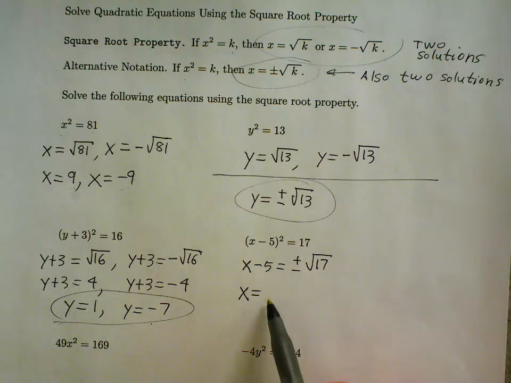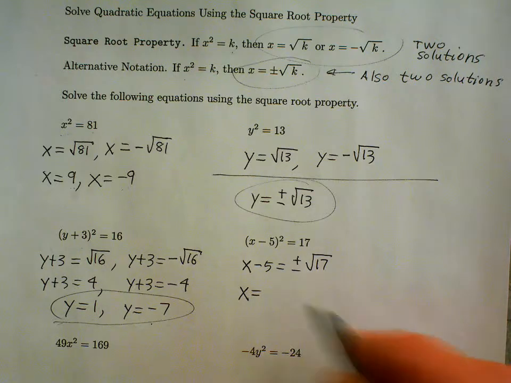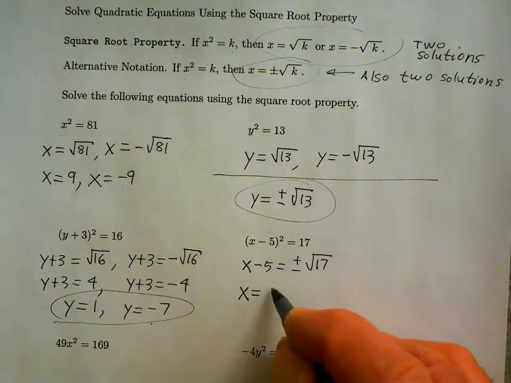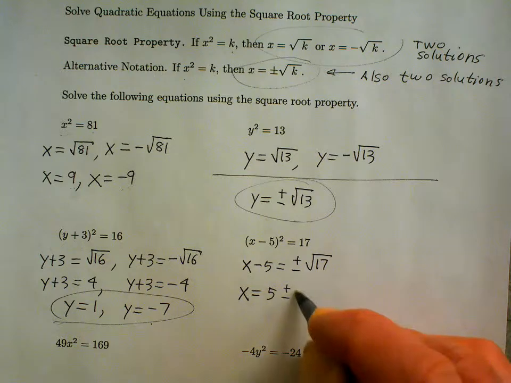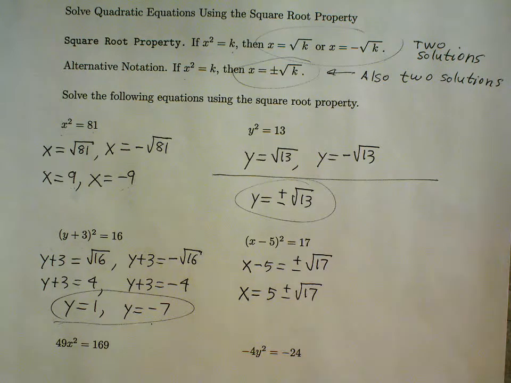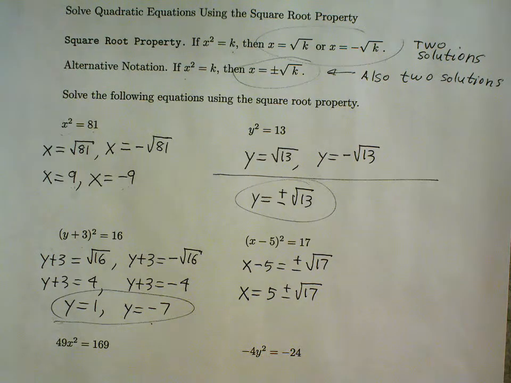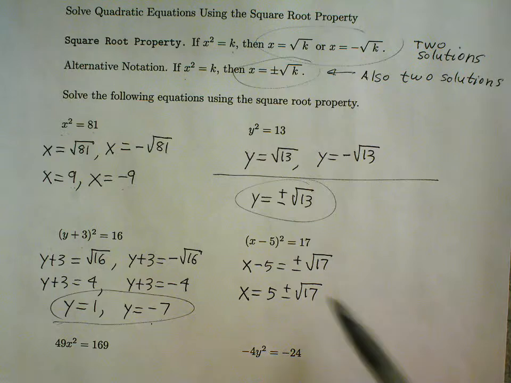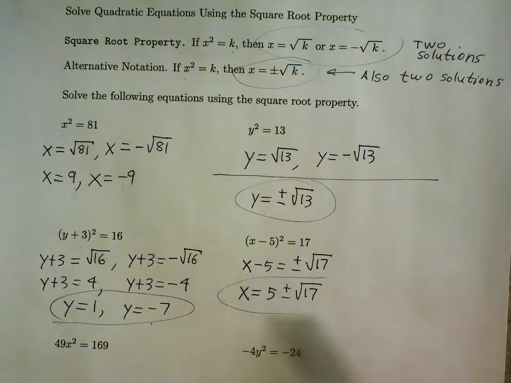After adding 5 to both sides, it's more common to see the solutions written this way, 5 plus and minus the square root of 17. So this is perhaps the most common way to write the two solutions together.